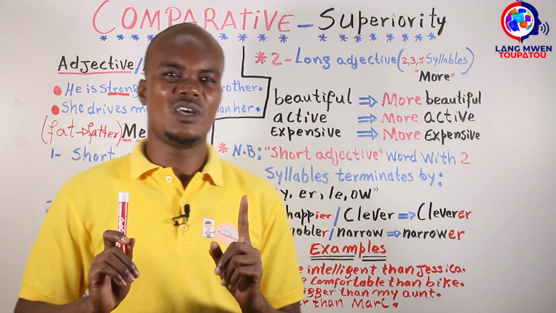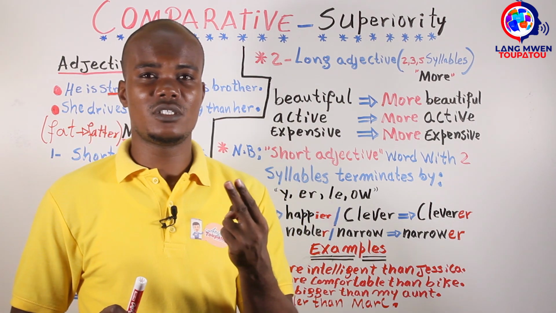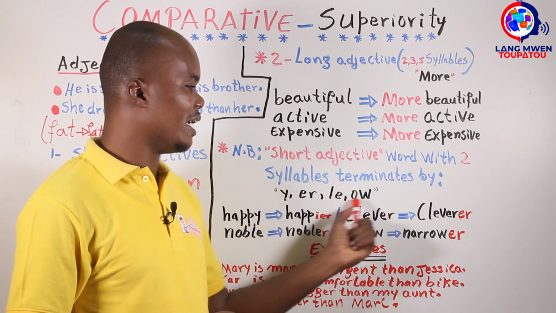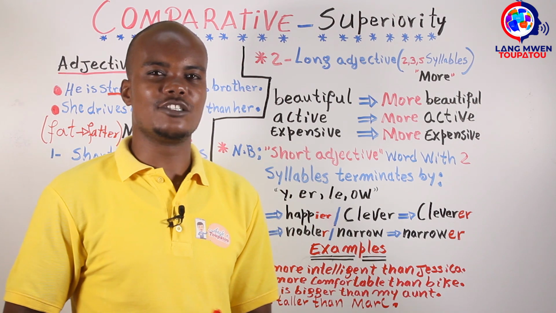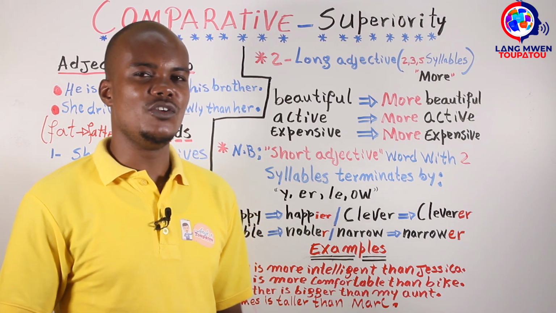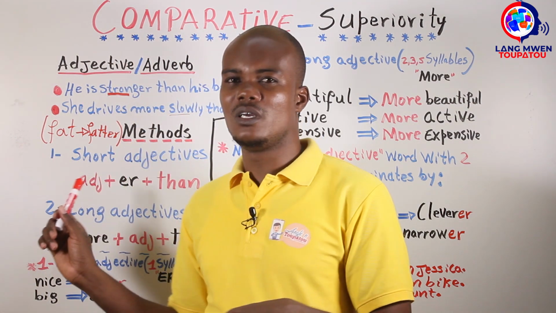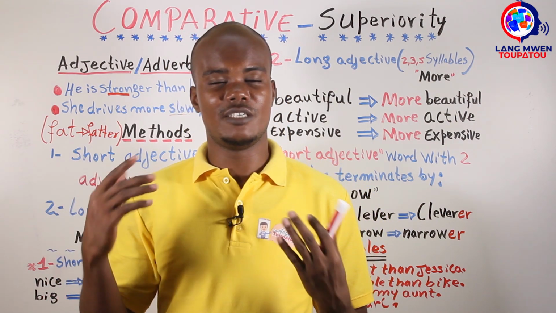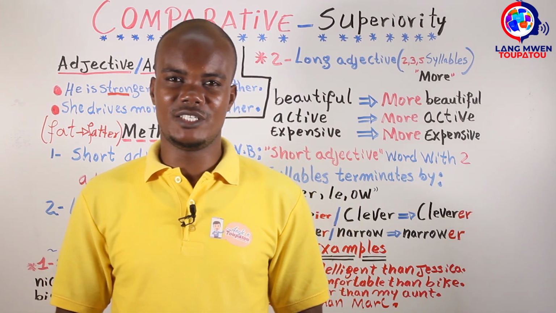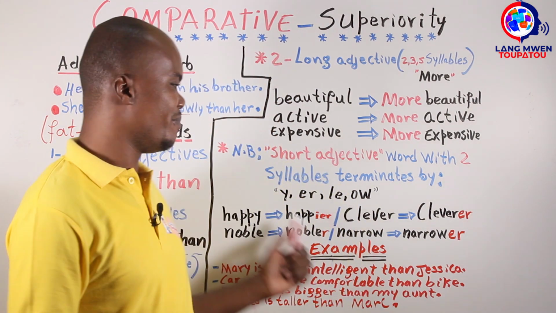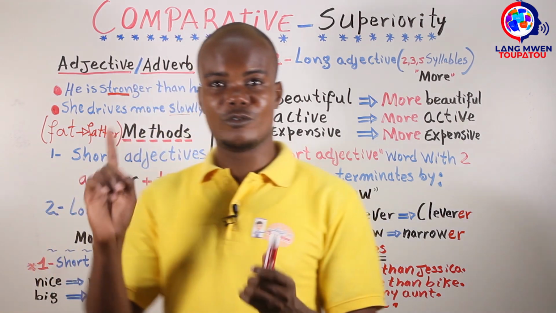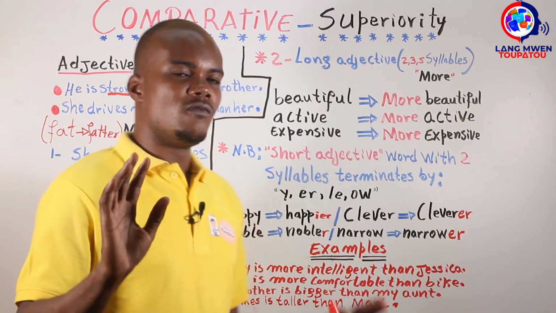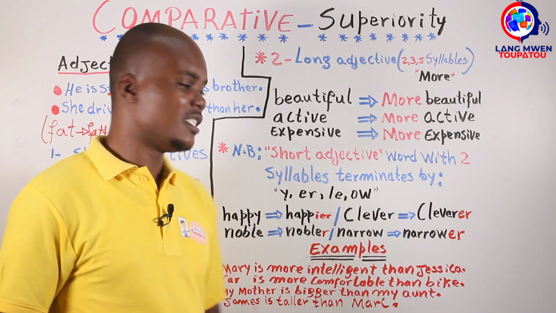But if an adjective has two syllables and is terminated by one of them, they consider it as a short adjective, and you have to respect this rule. You apply this rule.